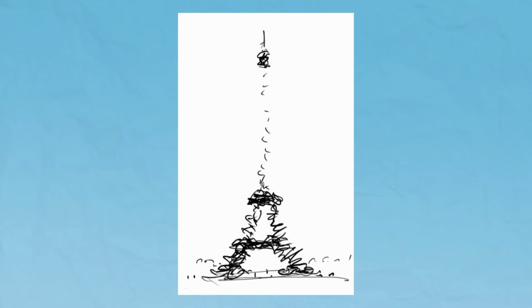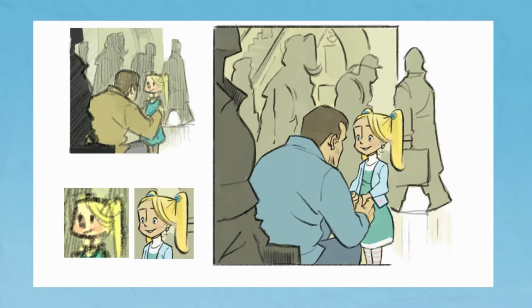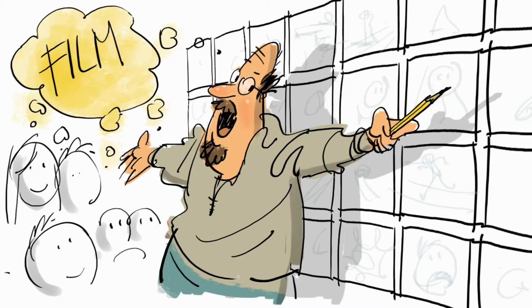Exaggeration is great for communicating clearly when you can't rely on accuracy and subtle nuances, like when you're working really fast and rough. So you exaggerate the capture, and then you can tone it down in later stages when accuracy and nuances become possible again. Storyboards are a perfect example.